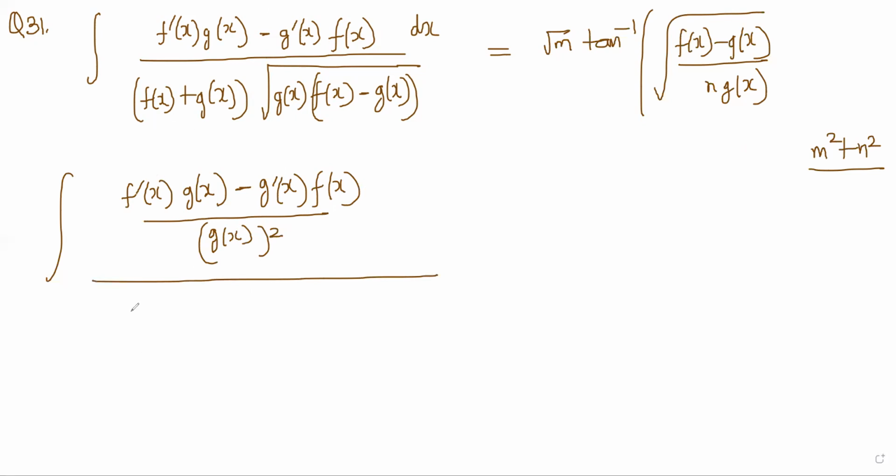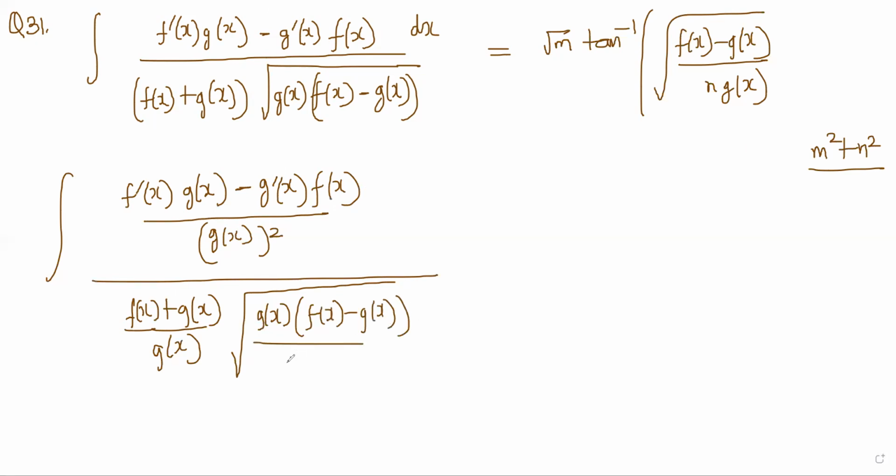So I will do fx plus gx by gx, and here inside I will do gx into fx minus gx by gx whole square, because when you go inside with a gx in the root, it becomes gx whole square.